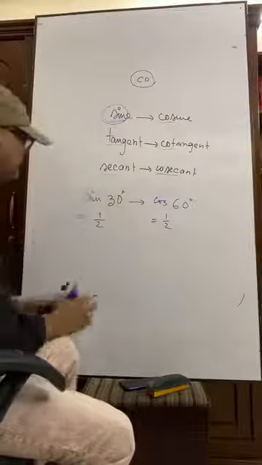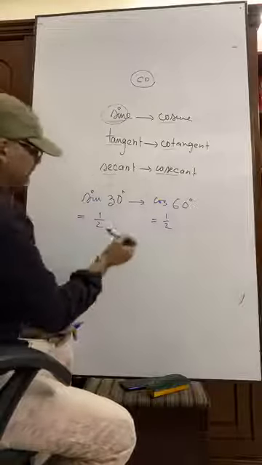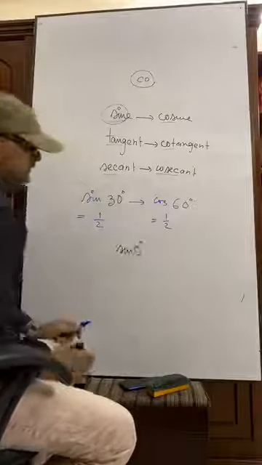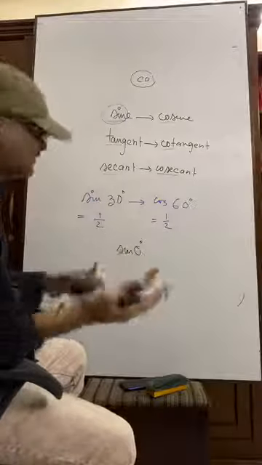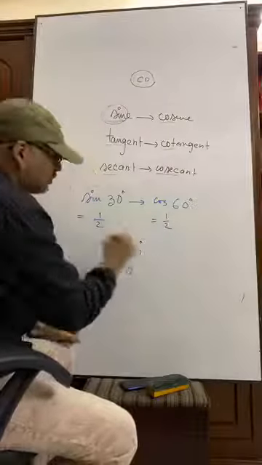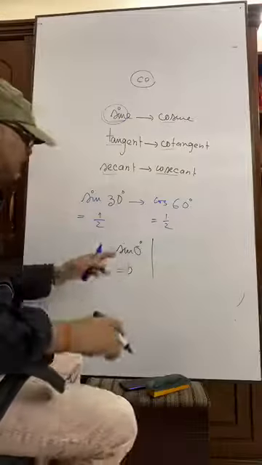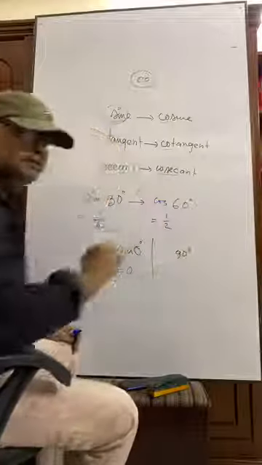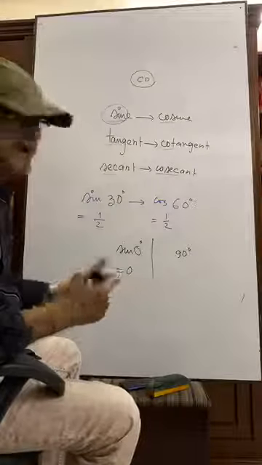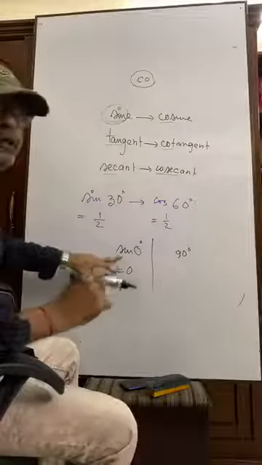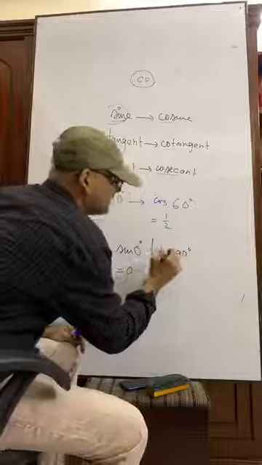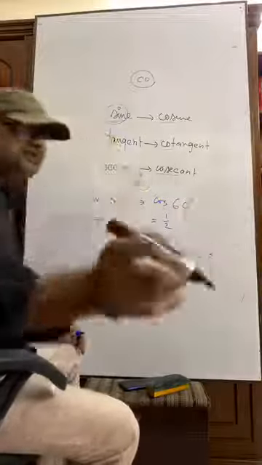Another example: sine 0 degrees. Sine 0 degrees means 0. What is the complementary of 0 degrees? That is 90 degrees. Sine, so we take cosine: cos 90 equals also 0.